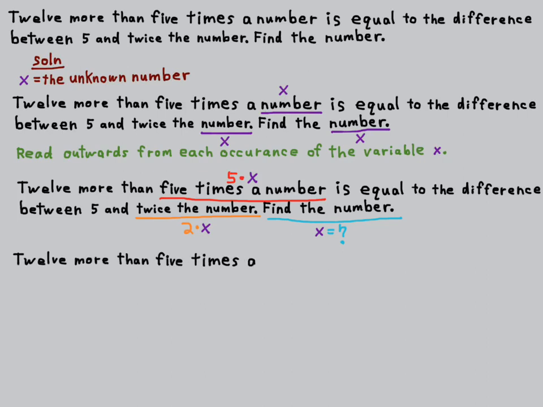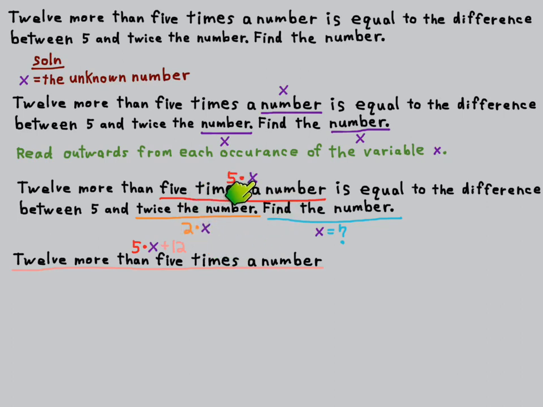Okay, so 12 more than 5 times the number. That's what I just talked about, right? And again, I'm only rewriting the whole sentence just so that you can see how it's built up. If you get confused in a sentence, this is what you do to figure it out. You don't just say, oh, it's too hard for me. How does he expect me to be able to do that? Oh, it's too hard. I'm so confused.